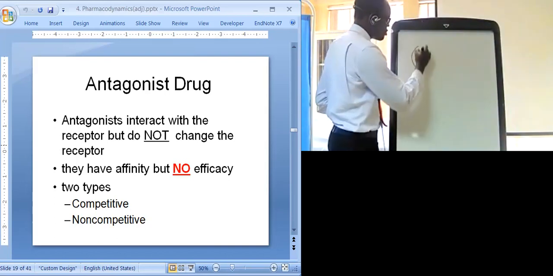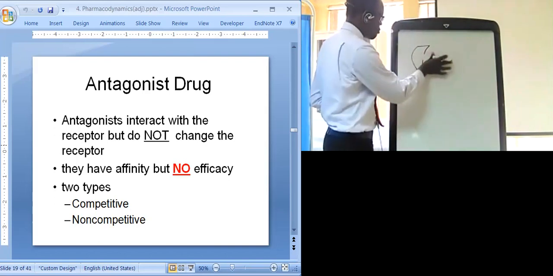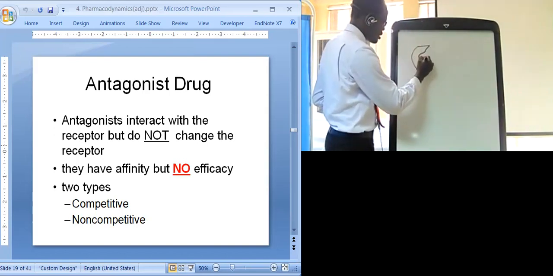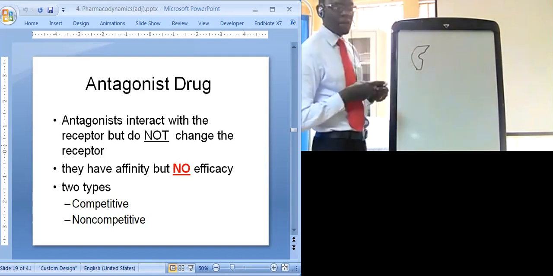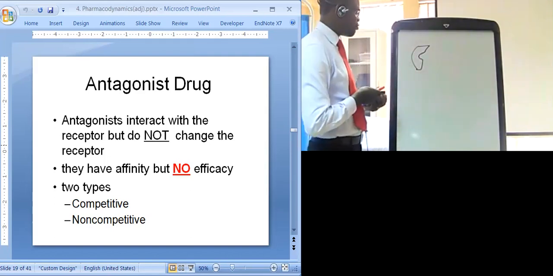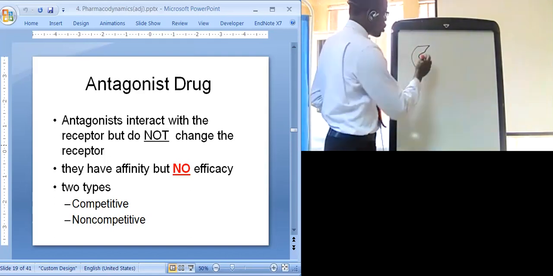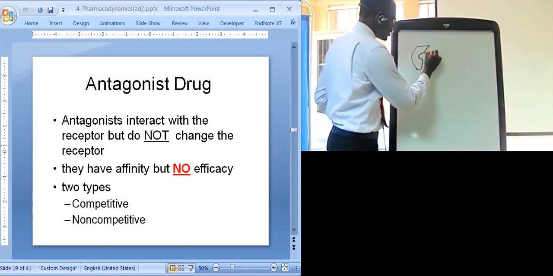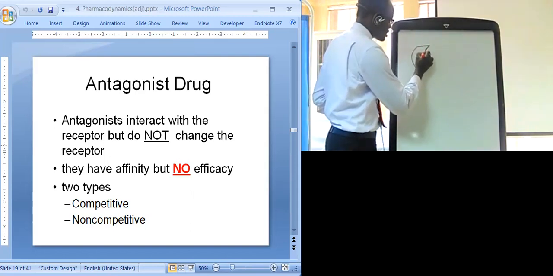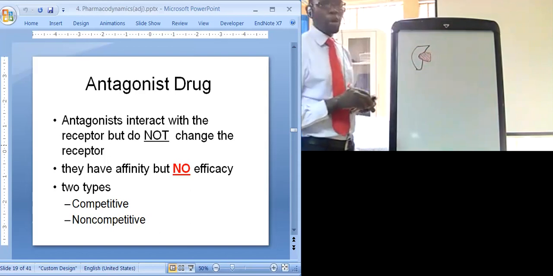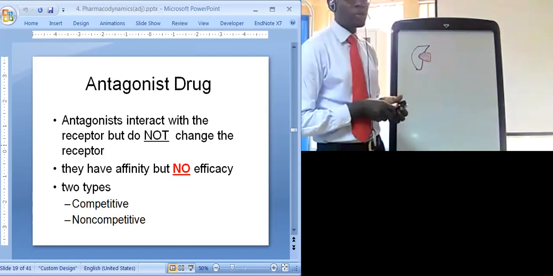Assuming this is our receptor, and this is where the drug has to bind. If it is an antagonist, it just binds in the space there. It does not allow any other molecule or drug to bind there.